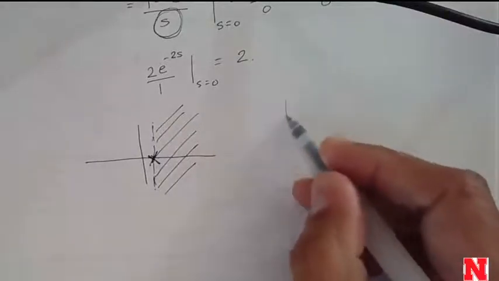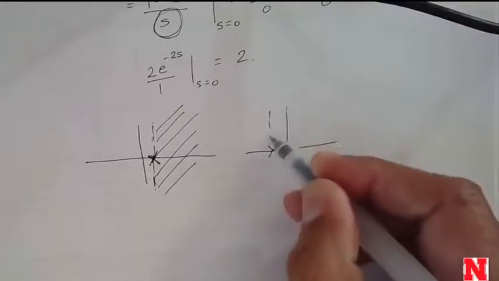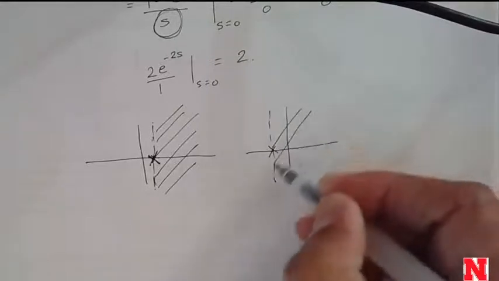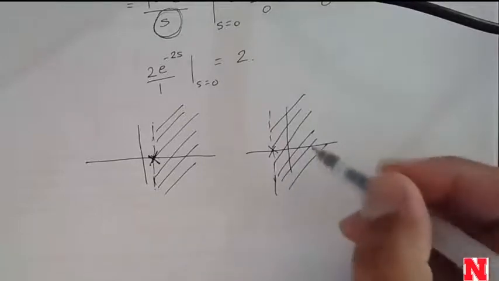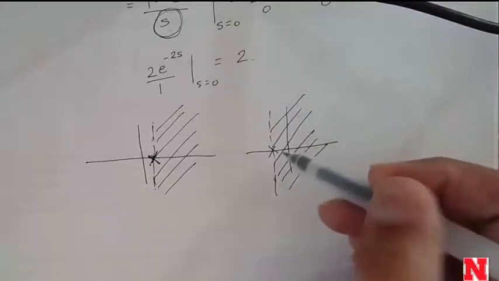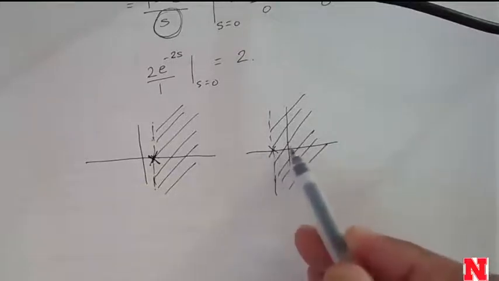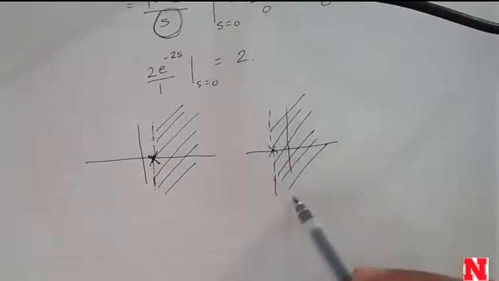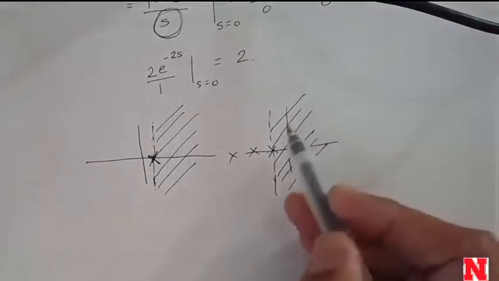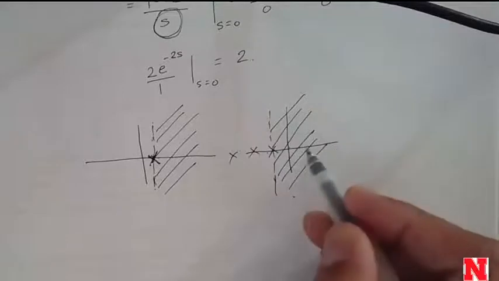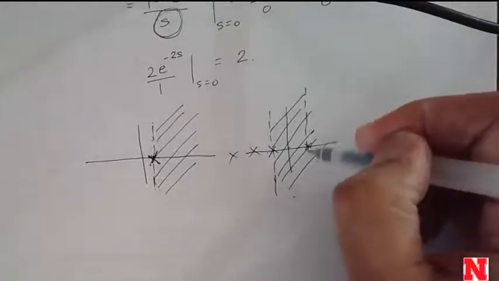If I have a right-sided function, the only way the j omega axis will be part of the region of convergence is if the rightmost pole that I have is to the left of the j omega axis. I could have poles over here, and that's fine, but if it's a right-sided function and I have a pole here, that automatically blocks my region of convergence.